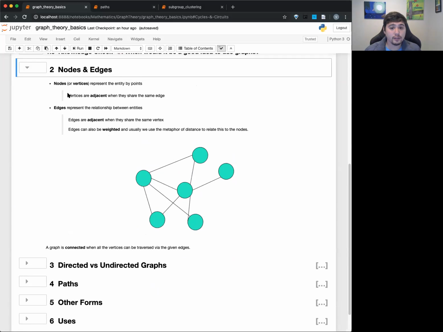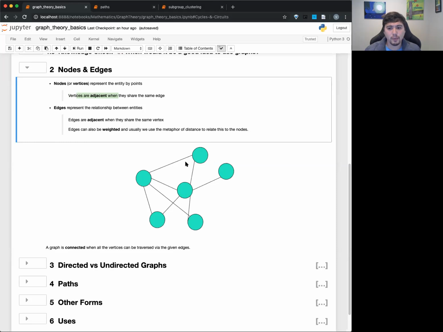And note that I have a couple notes here. For example, vertices are adjacent when they share the same edge. So you imagine this vertex and this vertex are adjacent to each other because you can connect them, because they have the same edge. Versus this vertex and this vertex wouldn't be adjacent because you can't directly connect them, right? I like to think of it like traversal.